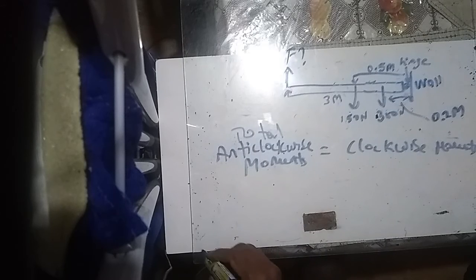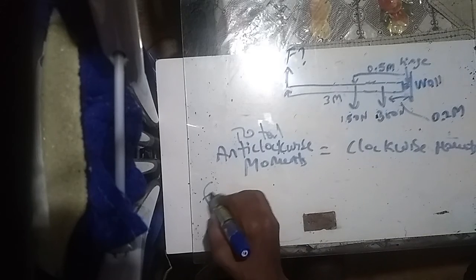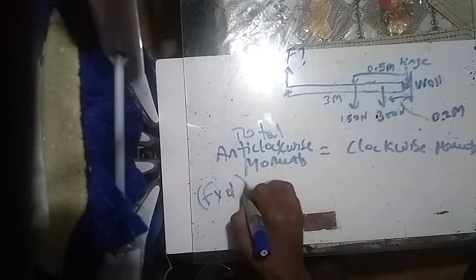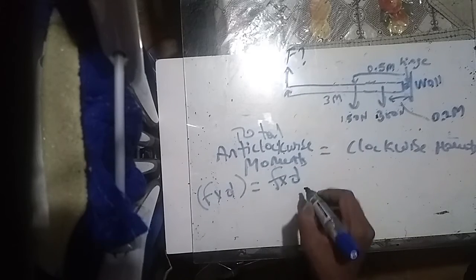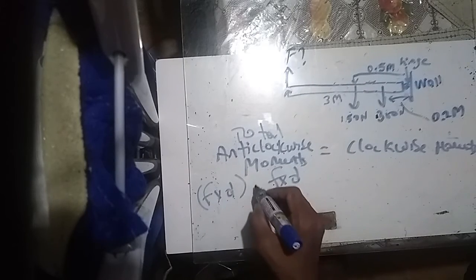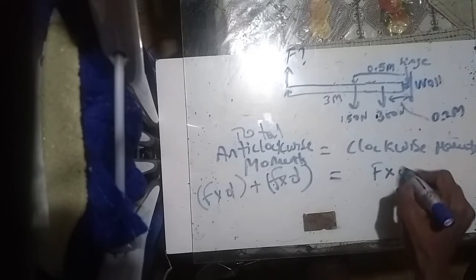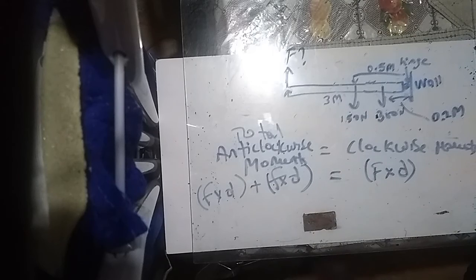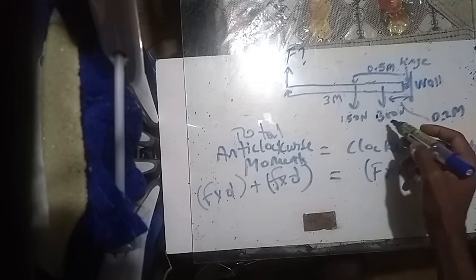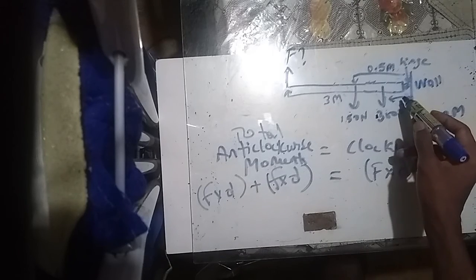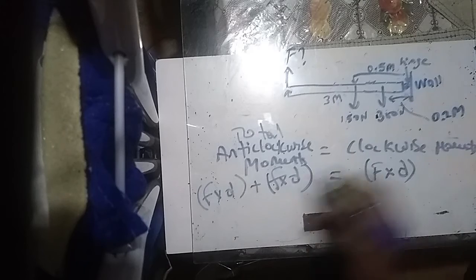anti-clockwise moments will be, okay, we can write out force times distance plus force times distance is equal to force times distance that we will find over here also for our clockwise moments, right? So let's do that now. Now the 300 Newton has a distance of 0.2 meter.